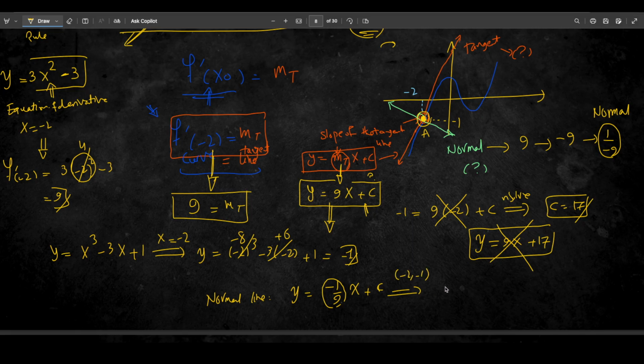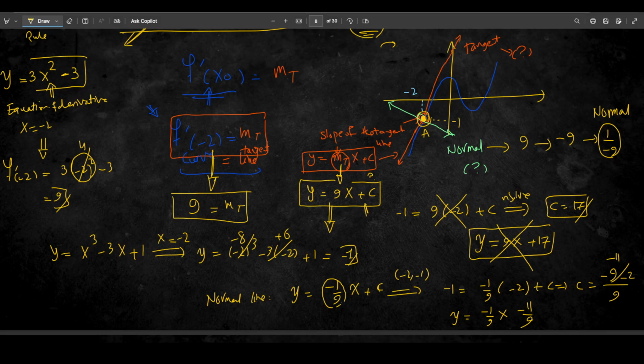So minus 1 equals minus 1 over 9 times minus 2 plus c. So c equals 2 over 9 minus 1, with common denominator 9, so it's going to be 2 minus 9 over 9, which is minus 7 over 9. Okay, so the equation of the normal line is y equals minus 1 over 9x minus 11 over 9.